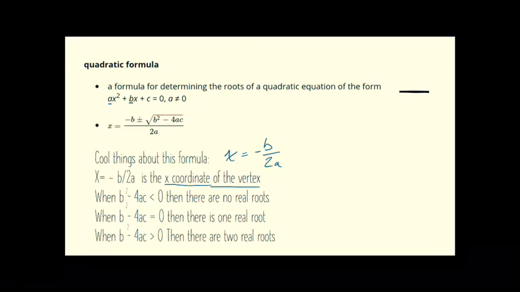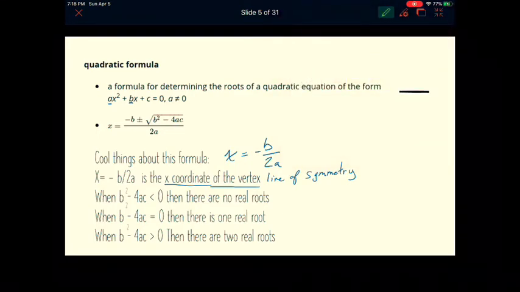We were struggling with this a bit, how to find the x of the vertex, which is also the line of symmetry. So our line of symmetry, or our x coordinate of the vertex, is x equals negative b over 2a.